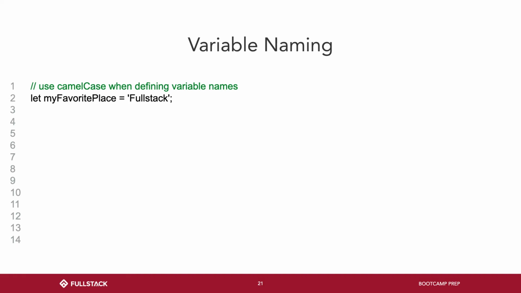By camel case, you say let myFavoritePlace equals a string, full stack, right? So the variable is my favorite place, but my favorite place in the English language is 3 words. So you take those 3 words, the first word is lowercase, then you capitalize the first letter of each other word, okay? What happens if I didn't do this? Do you think that this would no longer be equal to full stack? No, it wouldn't.